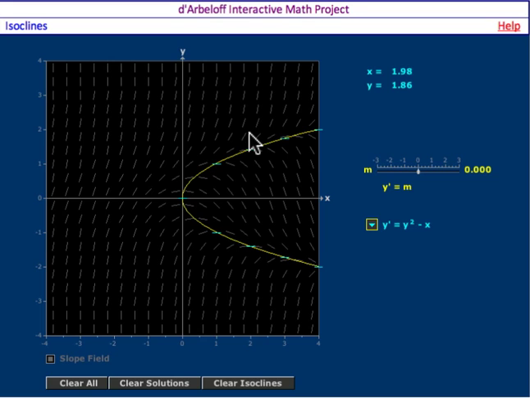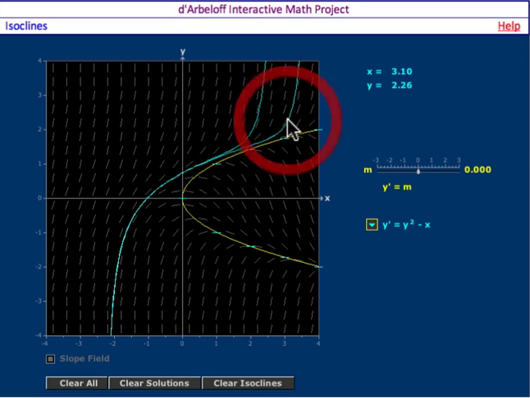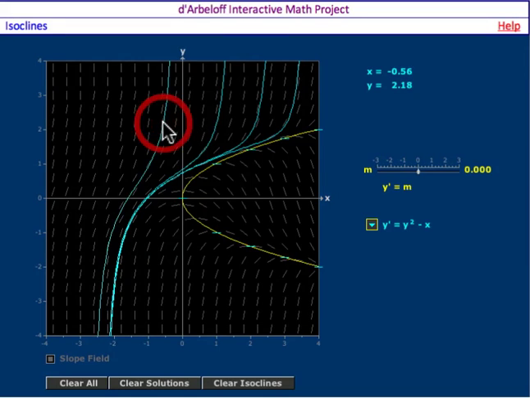One more thing you can see from this applet is this. If a solution is well above the nullcline, it gets caught in this powerful updraft and goes off to infinity. In fact, all these solutions become tangent to vertical lines. They don't continue for all large x. They blow up in finite time.